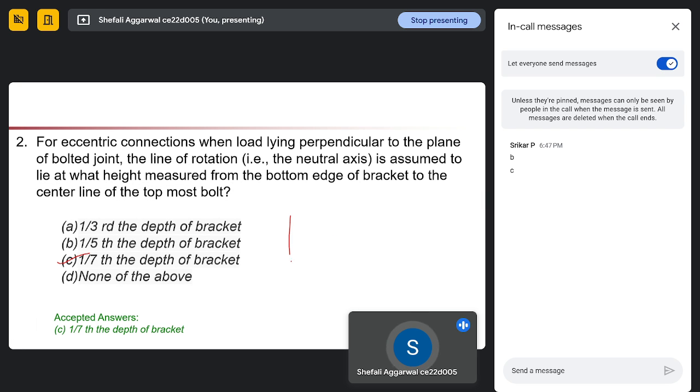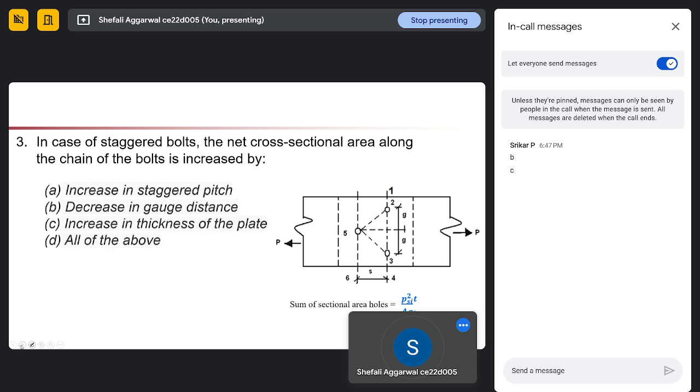We have seen that diagram, where we have different bolts and this stress diagram. This neutral axis was at the height of h by 7 from the bottom. This is 1/7 of the depth of the bracket.